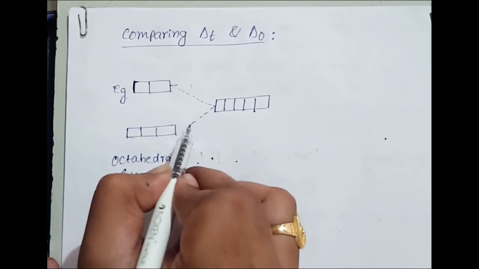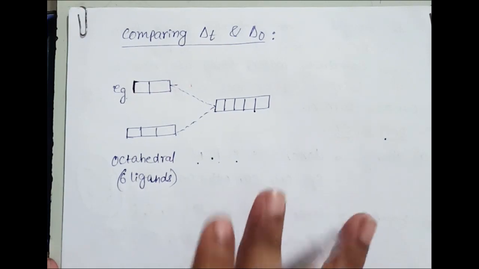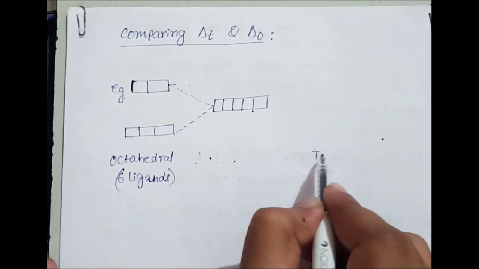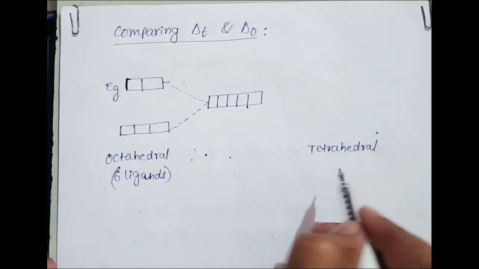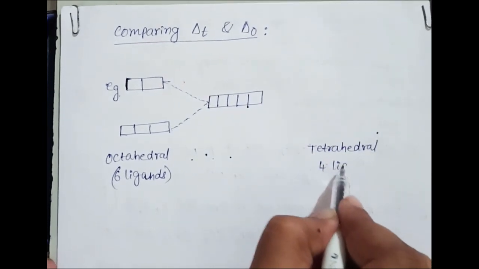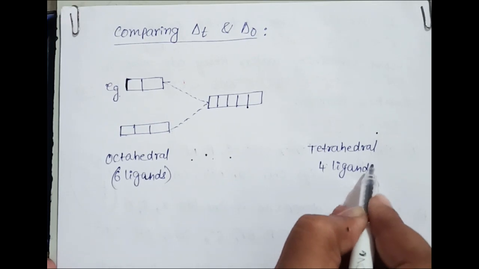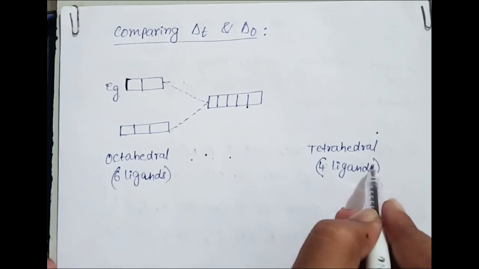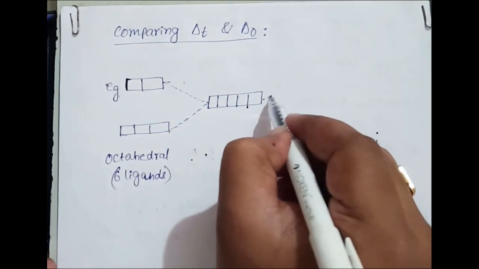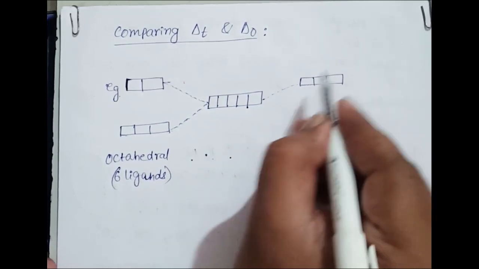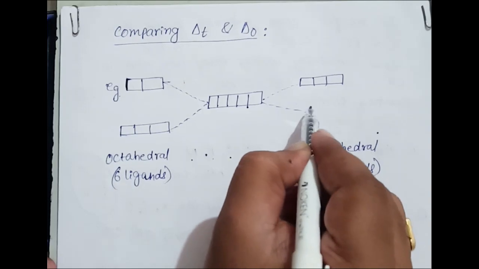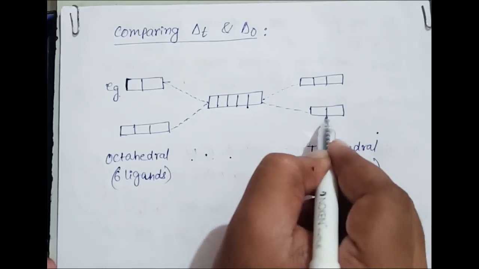This is the octahedral system. If the same compound forms a tetrahedral complex with just 4 ligands, the number of ligands is decreased, so repulsions will decrease, which means the energy gap will also decrease. So you see the energy gap is decreased.